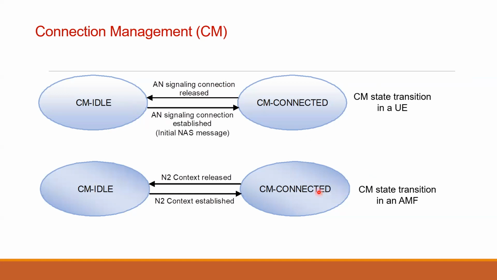In case of AMF, when your N2 context is established, the user moves from idle to connected state. And when your N2 context is released, the user moves from connected to idle state. If you remember, N2 is the interface between the radio access network and AMF. So once your connection is established, the user will be in connected state, and when it's released, the user is going to be in idle state.